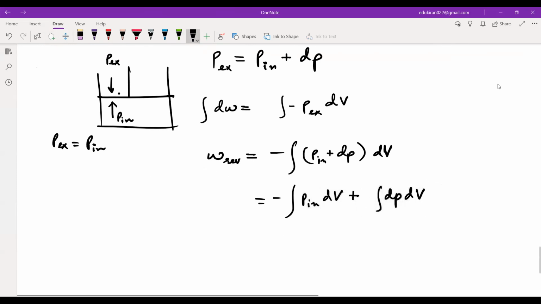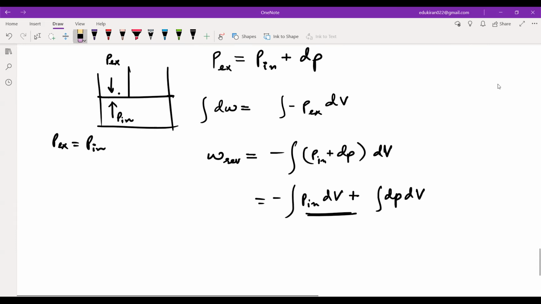Now, as you know, dP and dV both are very small. If you multiply two very small things, the integration of dP times dV will be much smaller than P internal times dV.